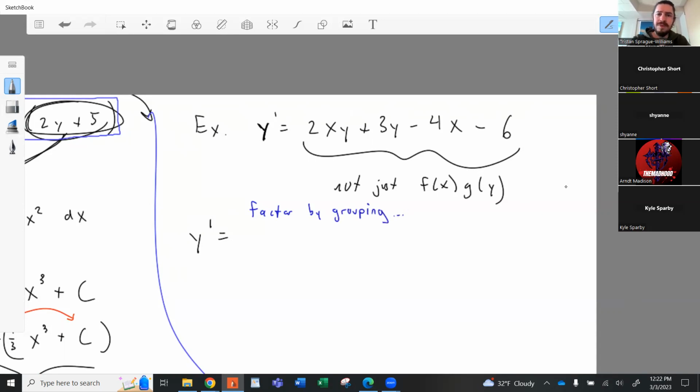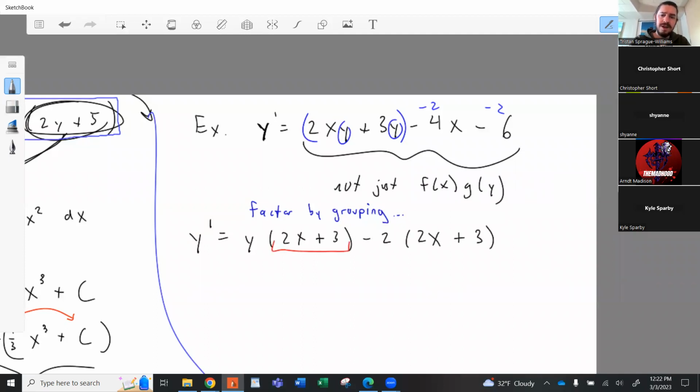So from the first two terms, we could take out a y, right? So we can do y times 2x plus 3. And then from the second two terms, we can pull out a -2, so -2 times 2x plus 3. Oh, hey.